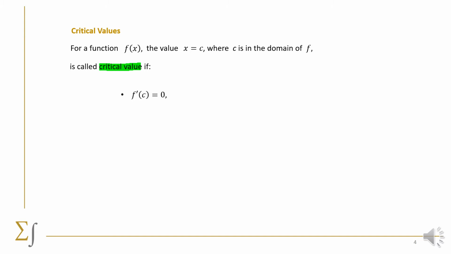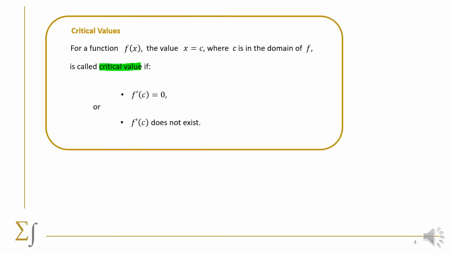If it makes the first derivative 0, if f prime of c equals 0, then we call c critical value as long as it is in the domain of f. Also, if it makes f prime undefined, then also we call it critical value as long as it belongs to the domain of the function f. And we move to examples.